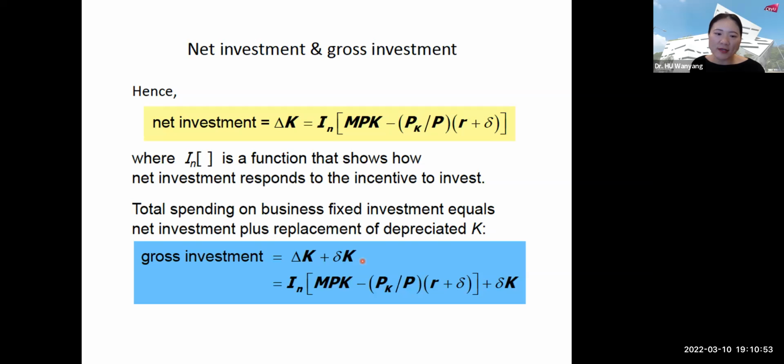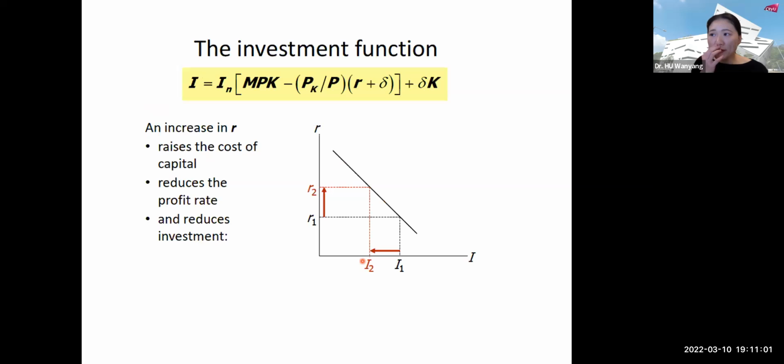So this is why I say sometimes the formula will be easier to follow. And we can use the graphical tool to determine how a change in the parameters will affect the investment. This is the formula we have here.